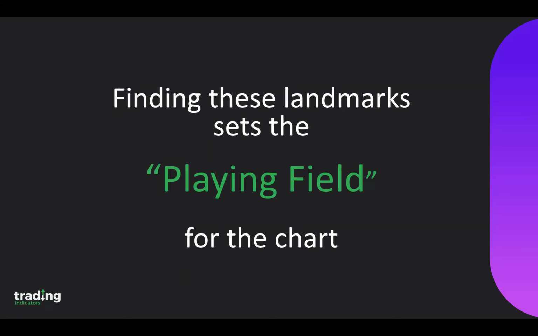These levels will also help you to find out where is a logical level for my stop loss, and where is a logical level for my take profit target. This is so important. This is why we believe that having knowledge of these levels can make all the difference, because then you know what the playing field is. You know what is going on your chart. You know what are the current market conditions for the chart and time frame that you have in mind.